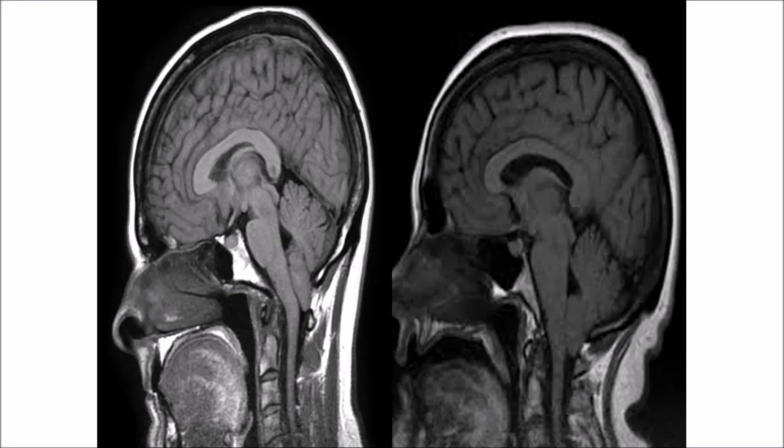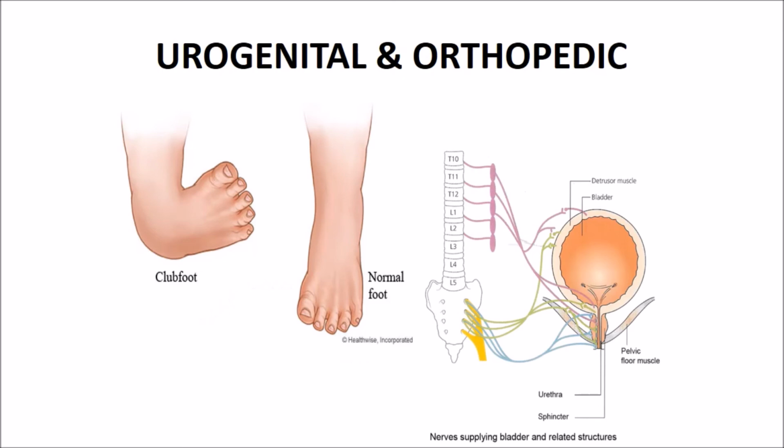So this is the Chiari malformation through the foramen magnum, and generally the Chiari malformation type 2 is associated with the meningomyelocele or the spina bifida. Then there can be associated other anomalies like the club foot or the orthopedic problems or the other bony defects, and the urogenital defects like the urinary incontinence can be seen along with these neural tube defects.